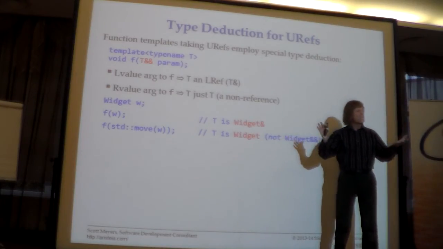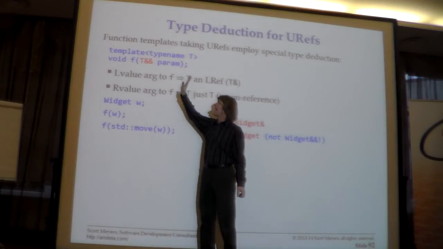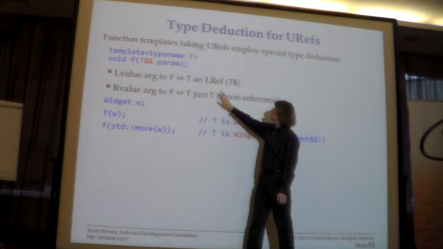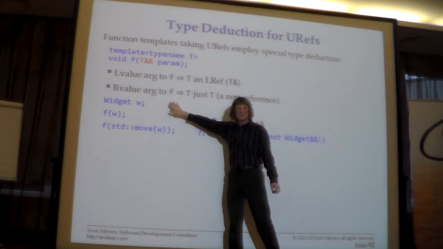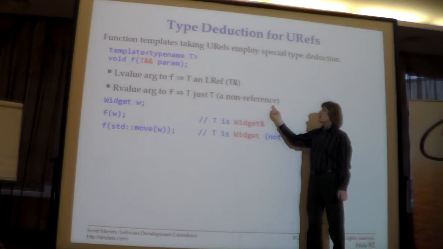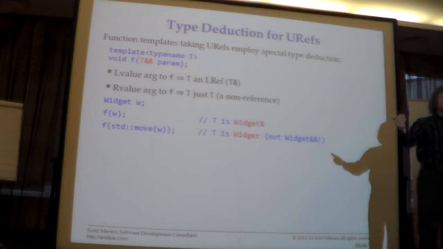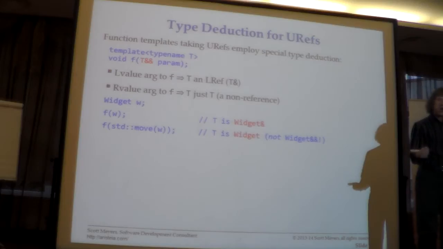Early this morning, I told you that if you pass in an L value, the type that is deduced is going to be an L value reference. I said if you pass an R value, you get a non-reference. Notice the asymmetry. L values are signified by an L value reference. R values are signified by a non-reference.